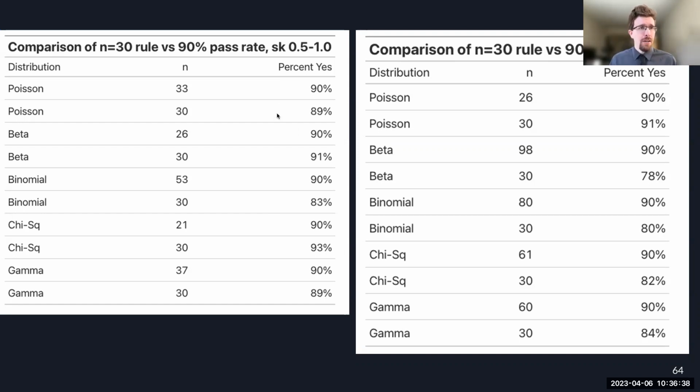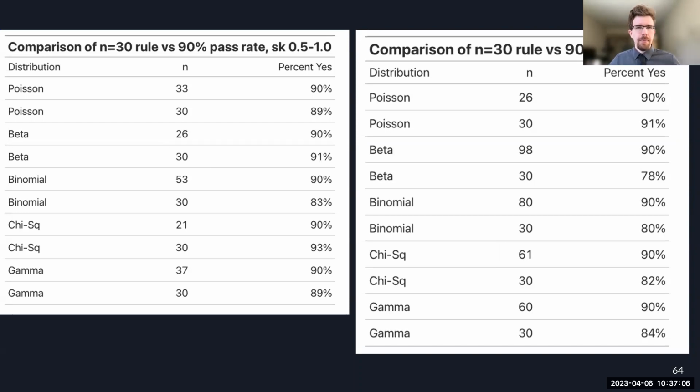If you have a skewness profile of 0.5 to 1, the only offender that really failed was binomial. And I would be remiss to call a rule terrible for only failing at 7% below what was expected. Quite encouraging, quite interesting, and honestly in line with what we would have expected along the skewness profiles being more symmetric.